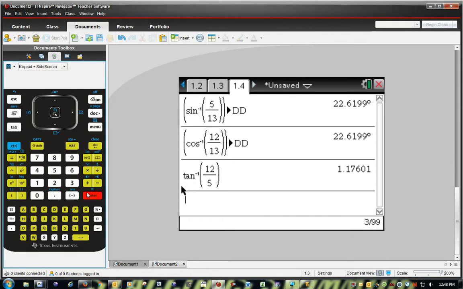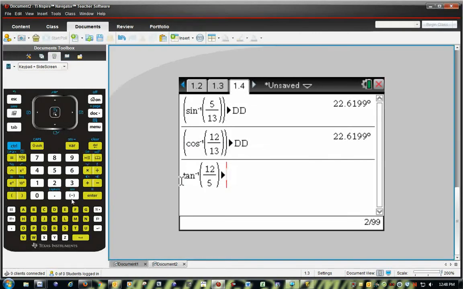No, I just chose it because if you know all three sides, you can use any of the three: sine, cosine, or tangent. So what I would do is go back here and say, all right, I didn't tell the calculator that I want the answer in degrees. And that's what this is doing right here.